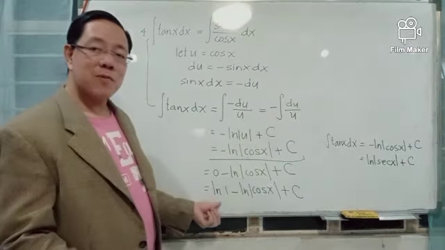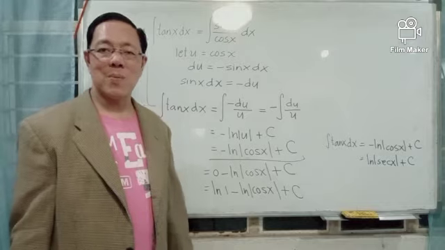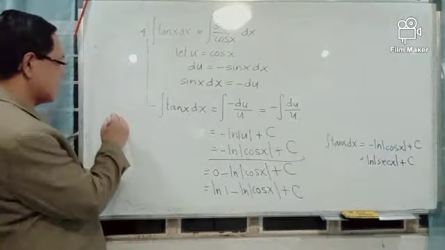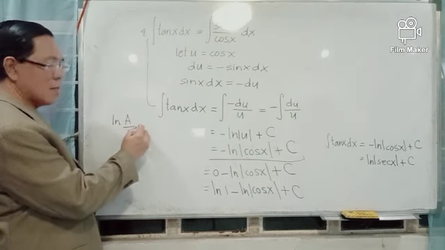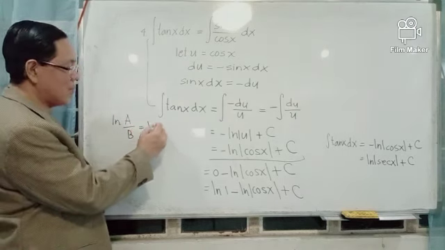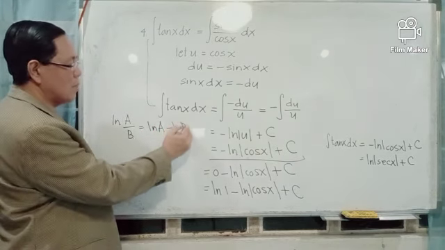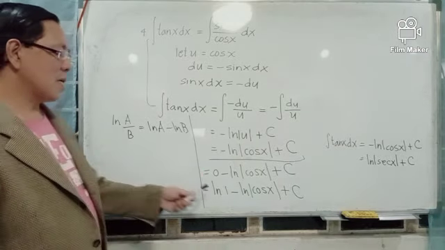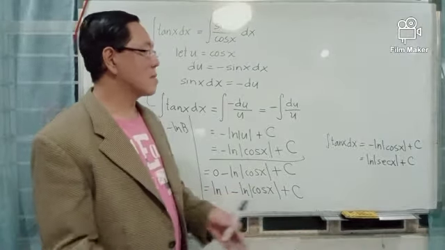And to the difference of ln of 1 minus ln of cosine x, we apply one of the properties of natural logarithm that says the ln of a over b is equal to ln of a minus ln of b, where a is 1 and b is cosine x.